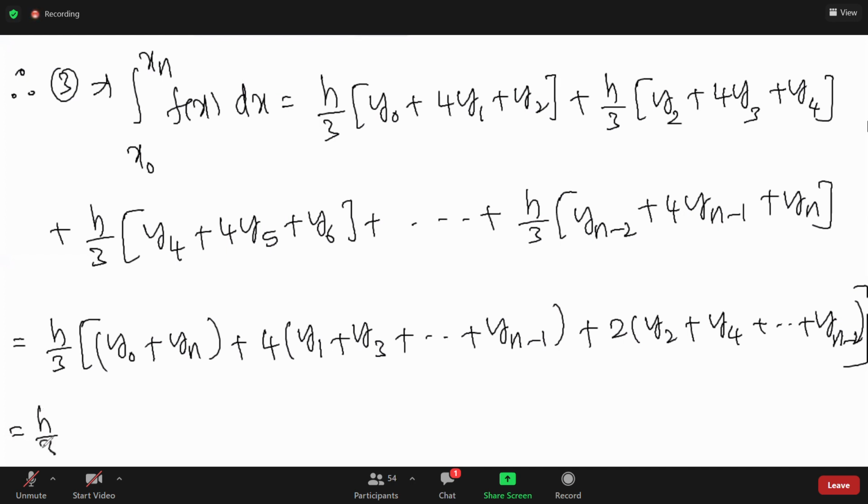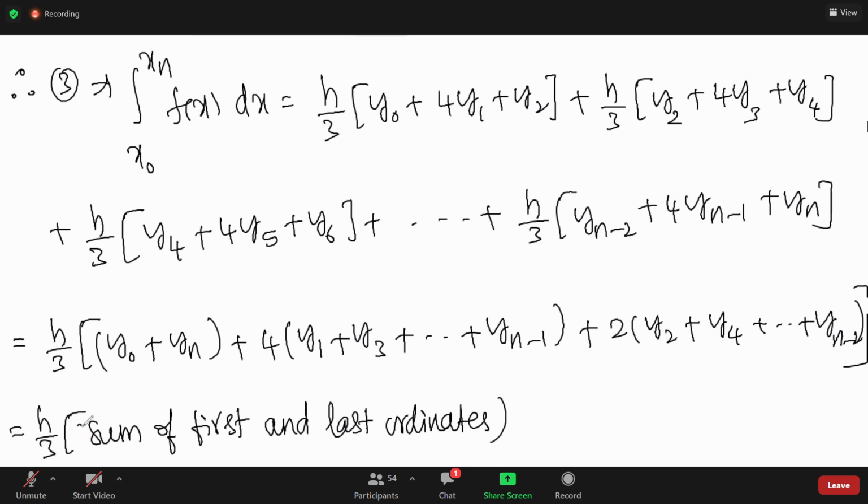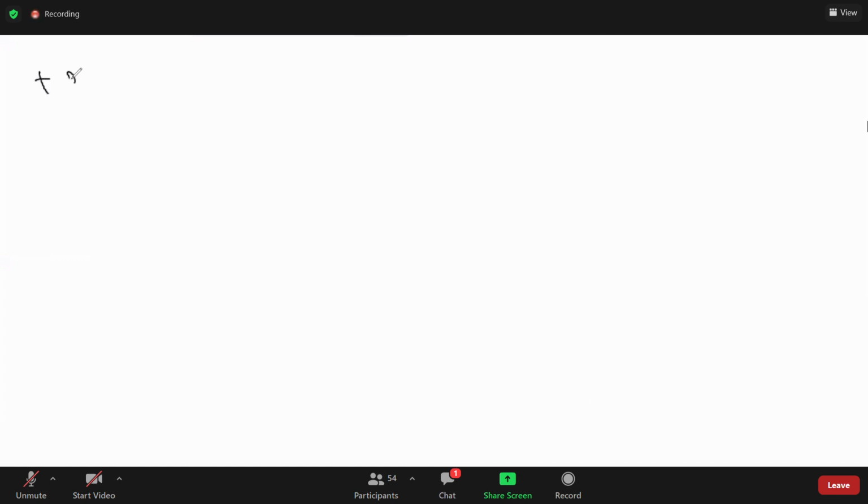This can be written in terms of words as h by 3 into sum of first and last ordinates plus 4 into sum of ordinates y1, y3, y5 and so on. They are all odd numbers, so odd ordinates, plus 2 times sum of even ordinates.